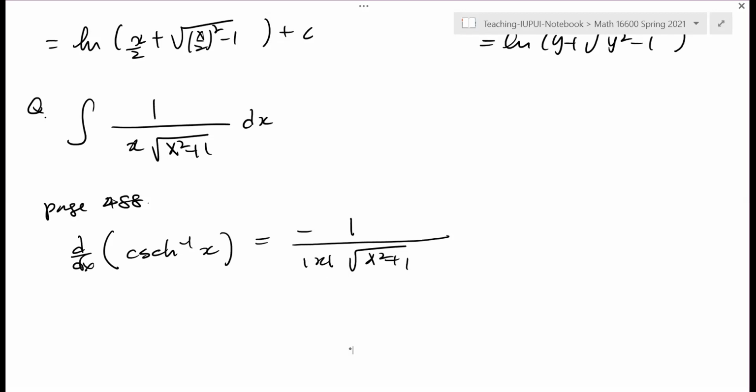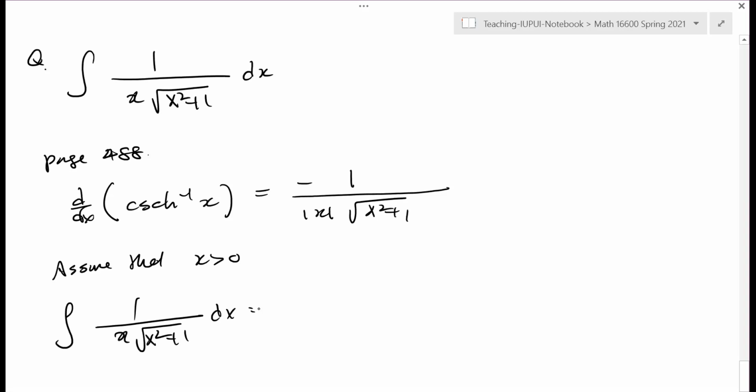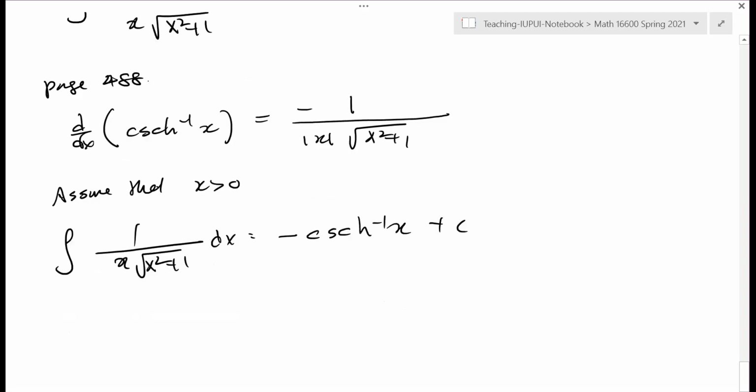If you assume x is positive, then this integral is going to be negative, plus a constant. Right, that's it. It's very simple.